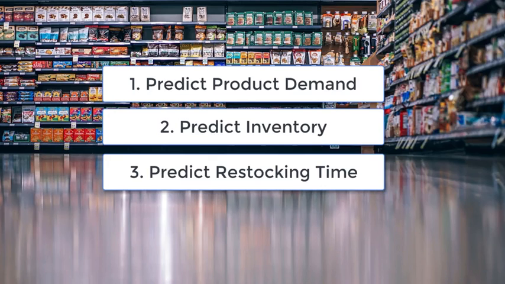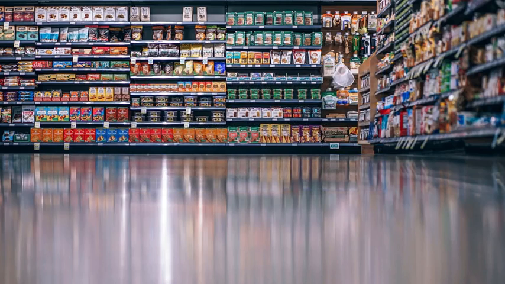And of course, all these models themselves might be more complex. The model to predict the demand for milk is going to be very different from the model to predict the demand for dry noodles. And the model for restocking electronics is very different from the model for restocking furniture.